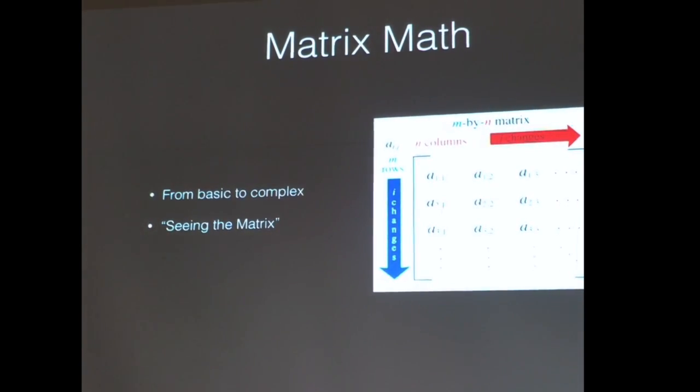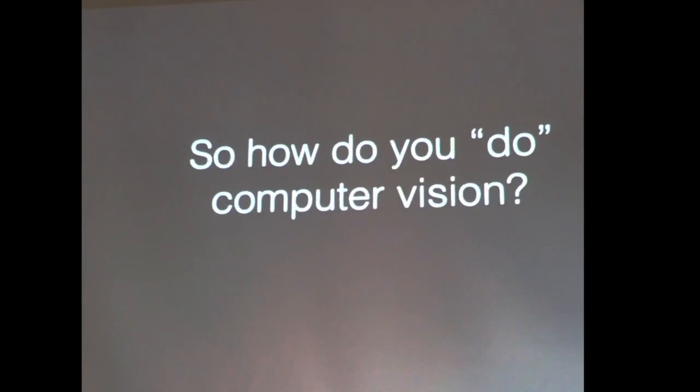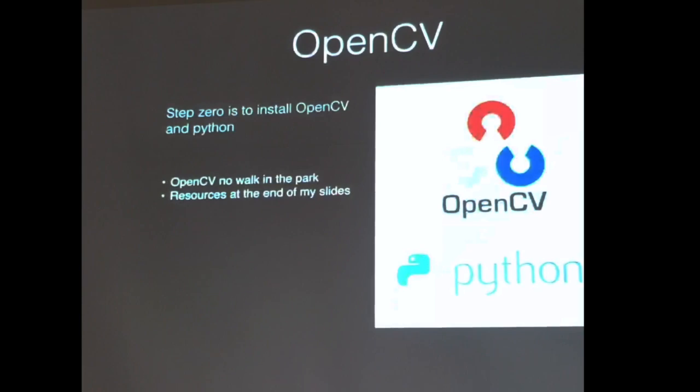So computer vision is something that people may not realize they're actually somewhat familiar with in terms of the processing of images. But then there's kind of the next step of what you do with it. It's like, okay, I have my matrix, I kind of understand what the computer's working with, but how do I do the computer vision part of it, not just image processing?